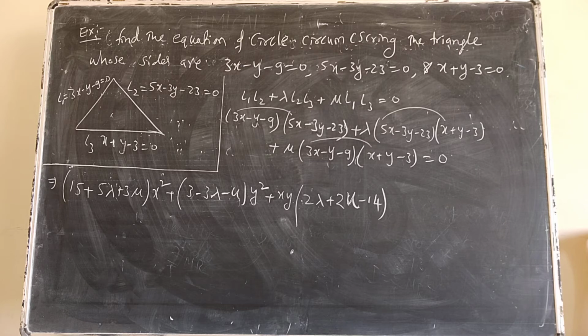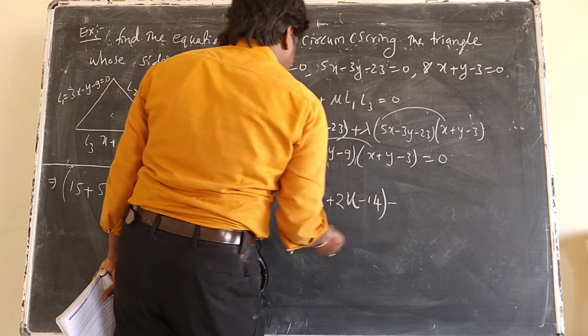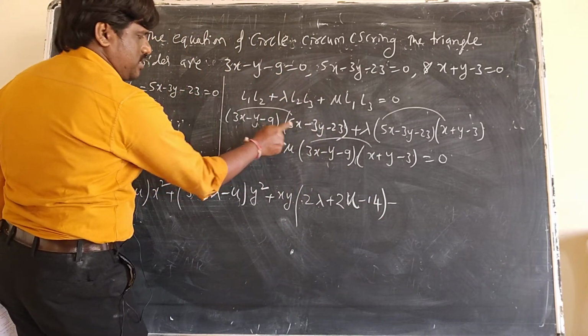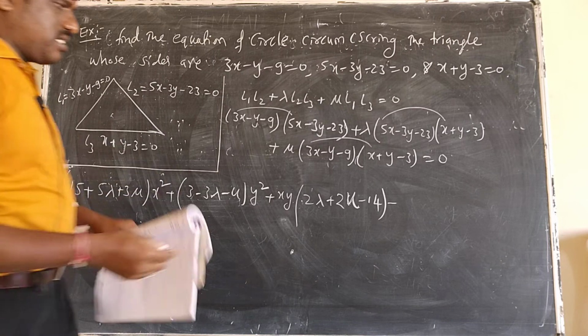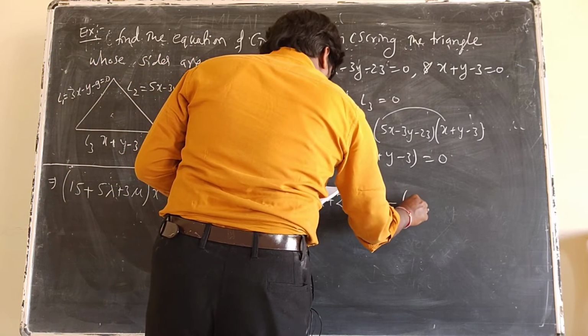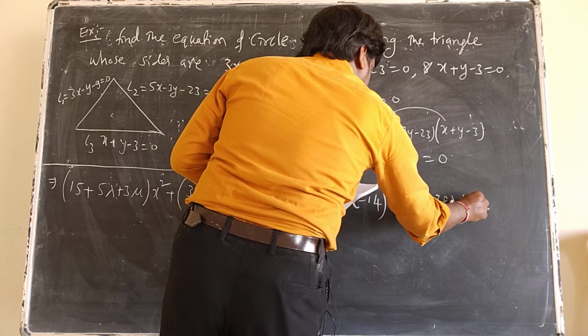Then you can go for the next ones. Taking only x means constant into x in all the places. So the coefficient of x I am going to get is 114 plus 38 lambda plus 18 mu.